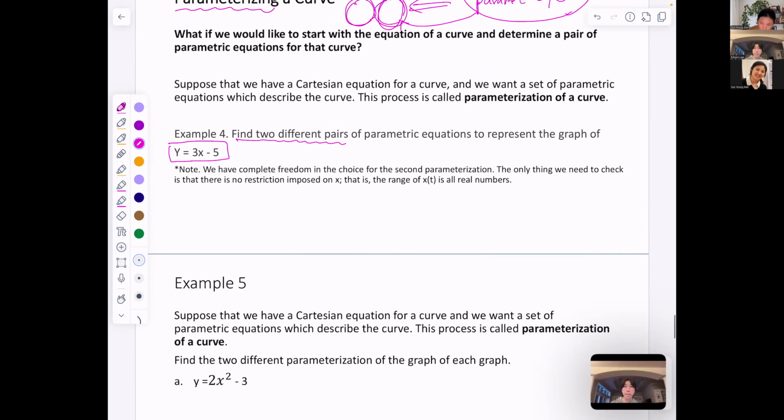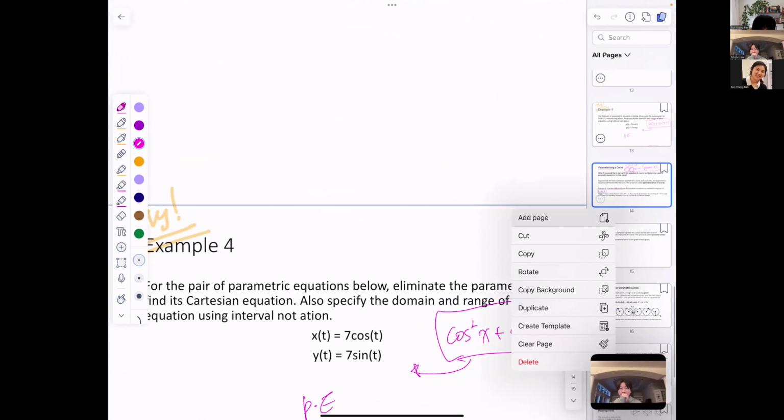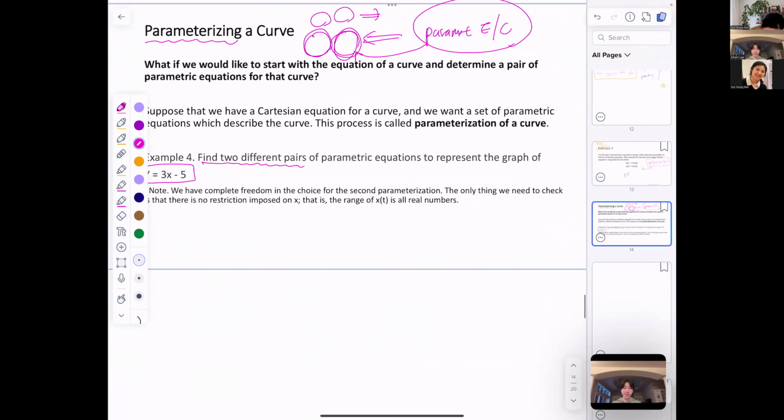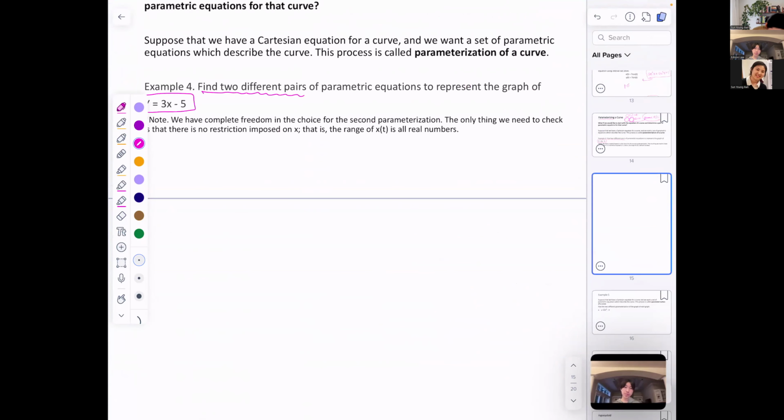Here, I'm going to use a very traditional way. How would you be able to find the two given functions? We have y equals 3x minus 5. This is a parametric equation as a linear function, a linear equation.